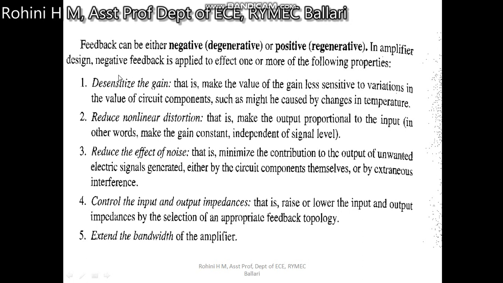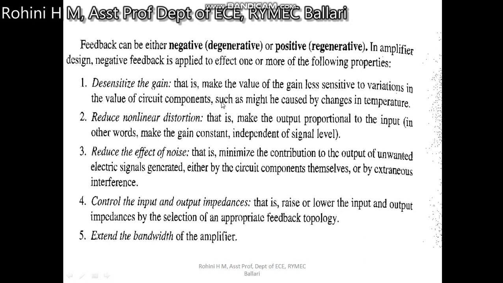In an amplifier design, negative feedback is applied to affect one or more of the following properties. These are the properties which are affected when we apply negative feedback. What is the first property? Desensitize the gain. That is, make the value of the gain less sensitive to variation in the value of the circuit components.